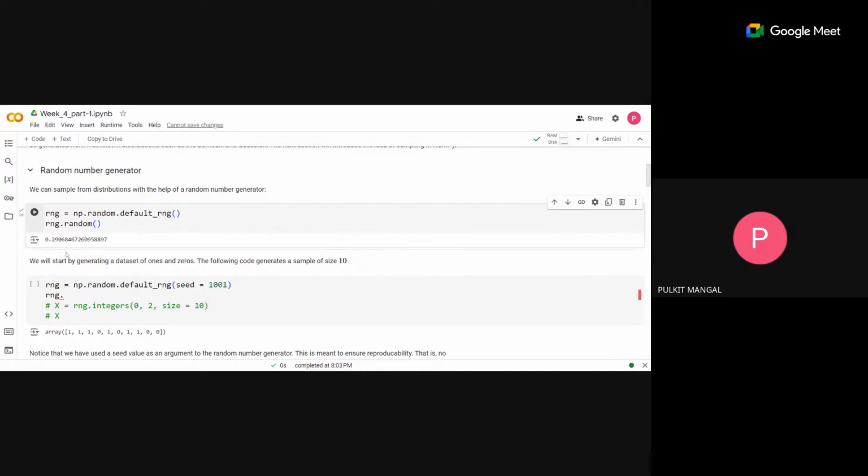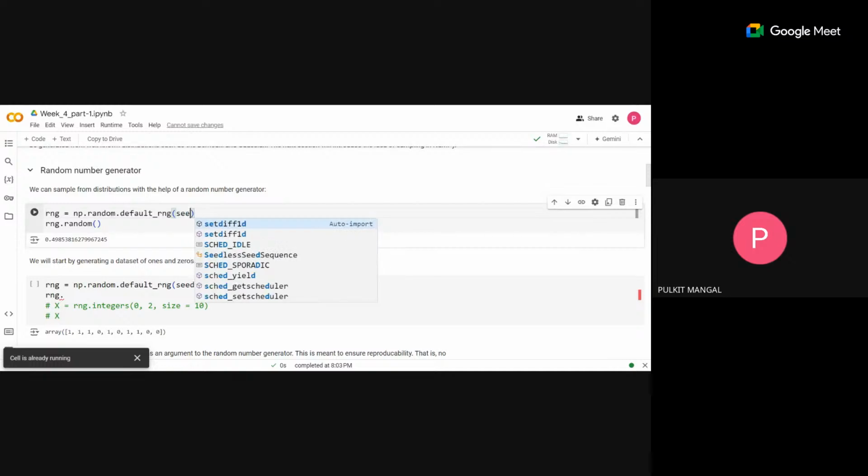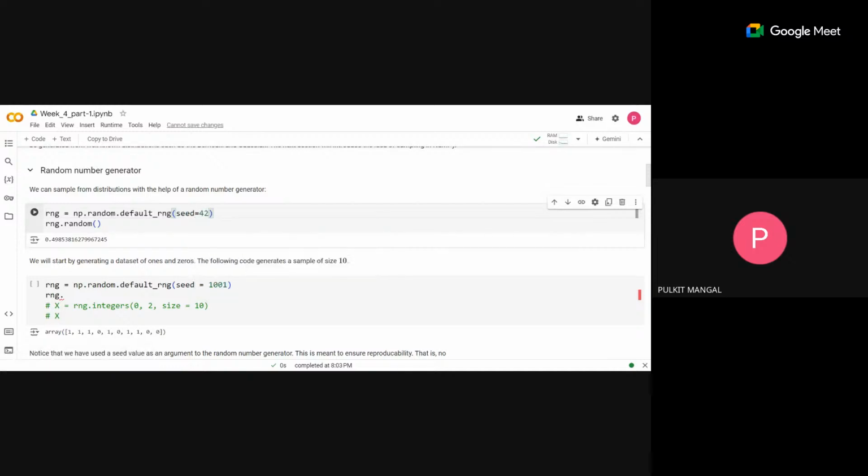Now if I run again, it is giving me a different number, right? Now if I put the seed value equal to 42 and run this cell, it is giving me a number, just note it down, and now if I run again, it is giving me the same number, right? So that's what the seed will do. Every time you run the cell, you will get the same sample data points that you got in the starting. Got it?